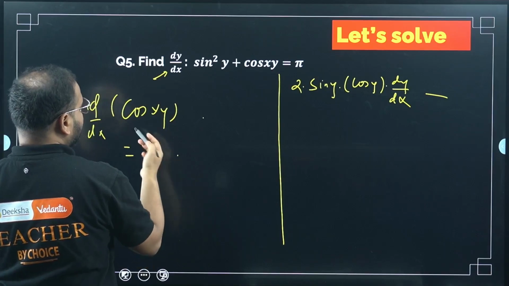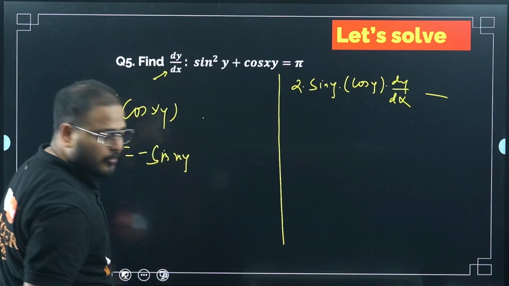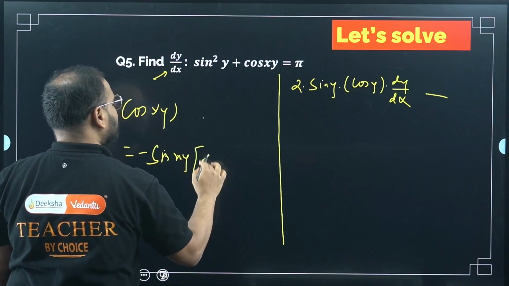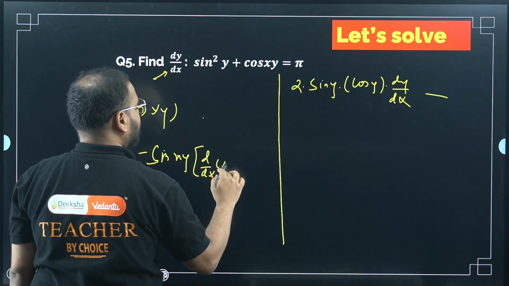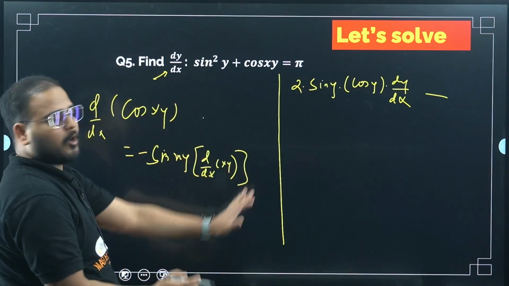It will be simply sine of xy with a minus sign, of course, and then we'll do what? Differentiation of xy. The product rule we have to apply. First chain rule, then product rule is also applied.